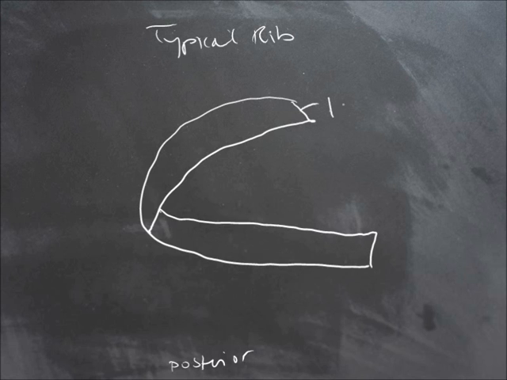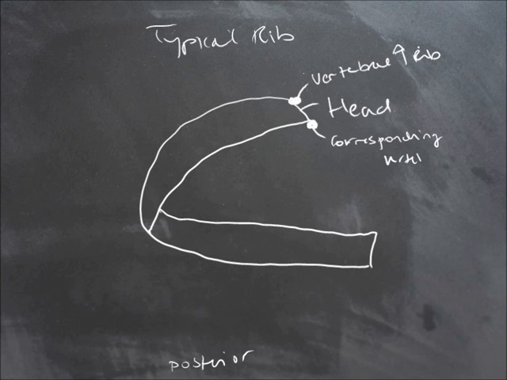Here is what is known as the head of the rib. We have a demifacet and another demifacet. The attachment sites for the costocorporeal joints with the vertebra. This one is for the vertebra above the rib, and this one is for the corresponding vertebra.